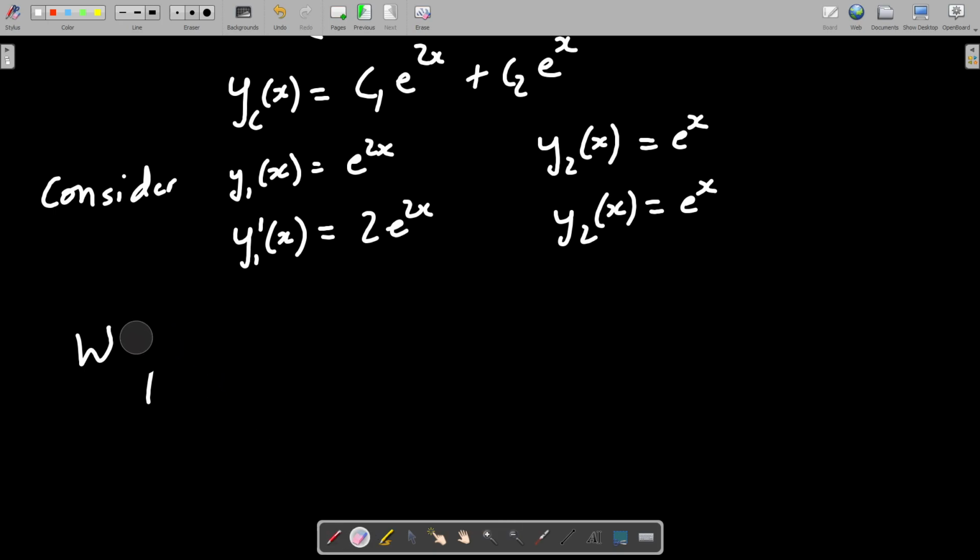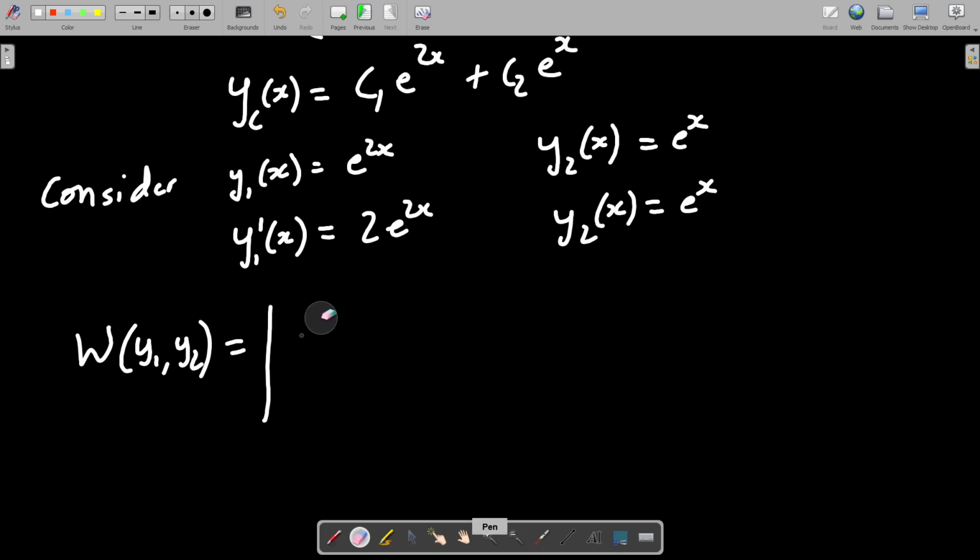When you are writing the Wronskian, I just forgot to mention that this should be written as Wronskian of y1, y2. Because if you change the function, the Wronskian is going to change. In short form notation I always use it as w only, but just keep in mind that it will depend on y1 and y2.